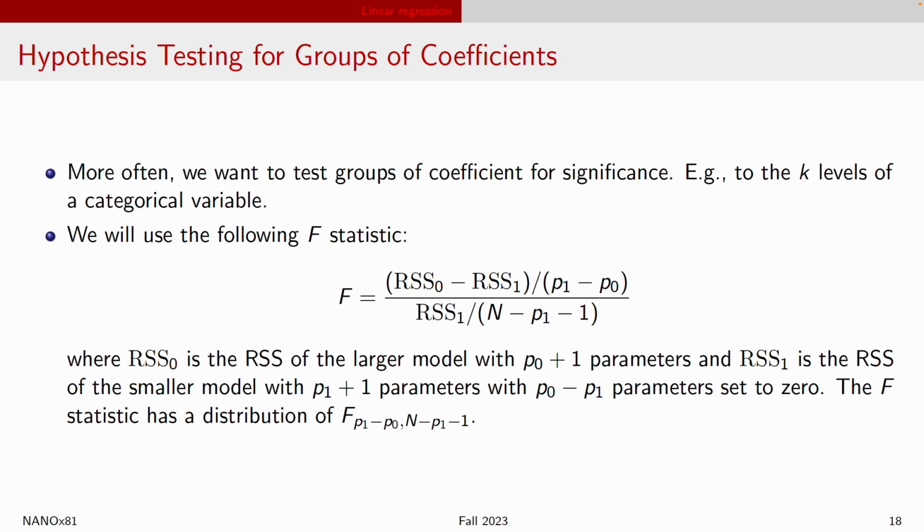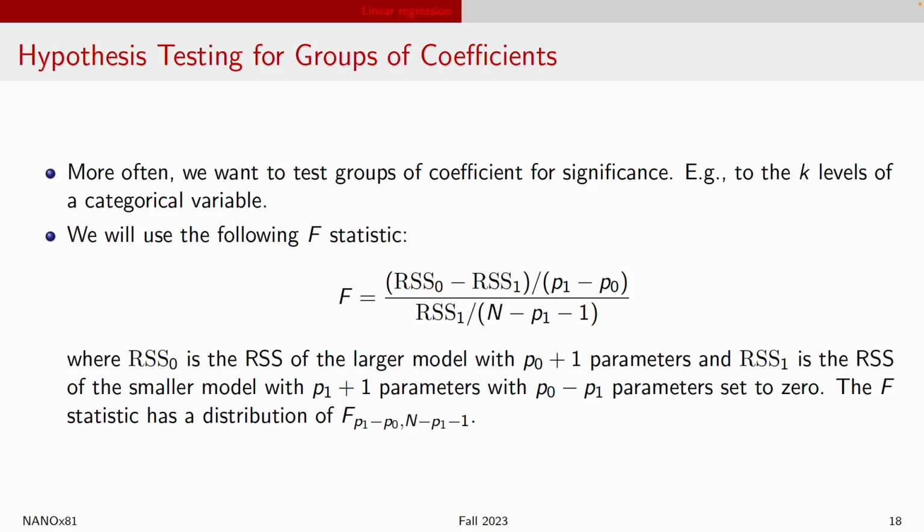Now, more often than not, you do not just want to test whether each individual beta coefficient is greater than 0. You sometimes want to test whether a set of coefficients or a set of features is significant, right? For example, you may have a set of coefficients that are related to the k levels of a categorical variable. In that instance, you need to use the F statistic, okay?